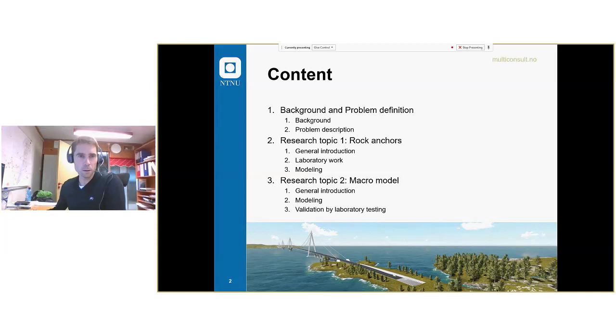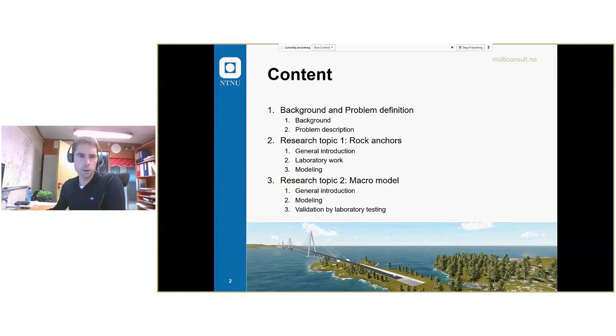The second of the contents today is the first research topic, which is rock anchors. Rock anchors subjected to cyclic loads. I will first give a general introduction, then I'll show you a few slides about the laboratory work, results, and modeling.